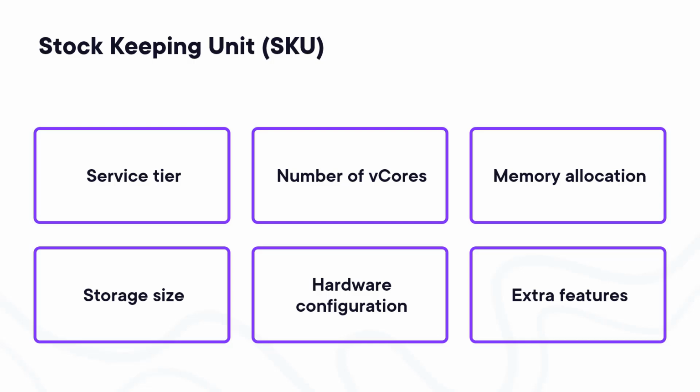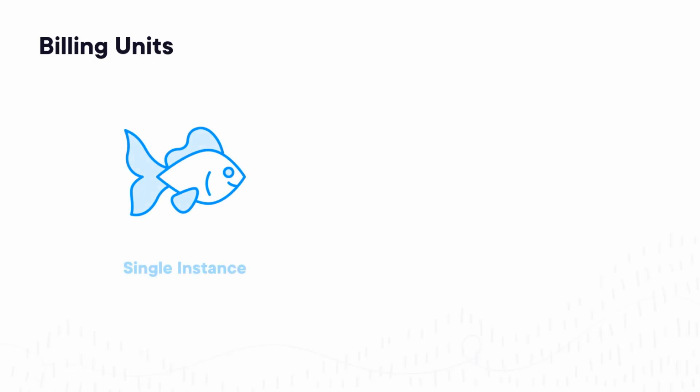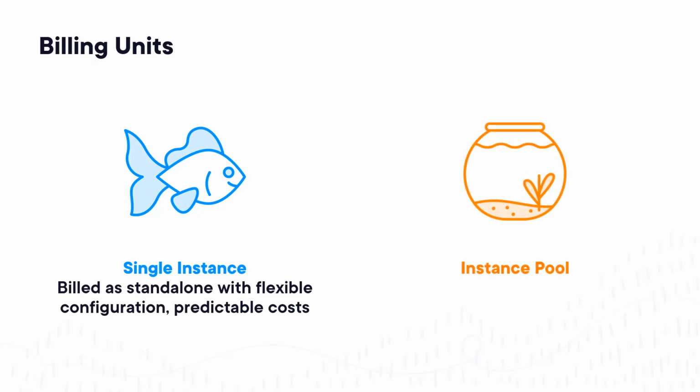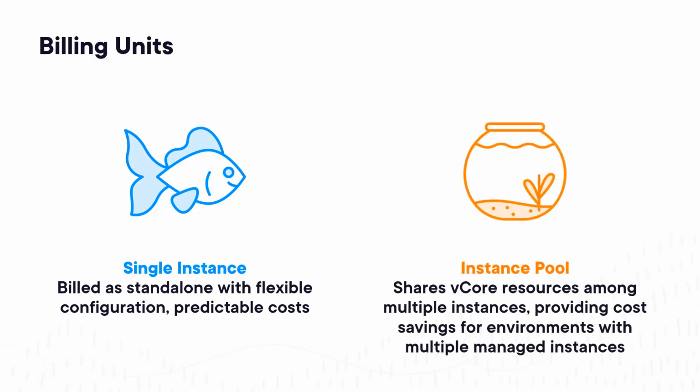Now that we are aware of these terms, let's explore the billing and SKUs available, starting with the billing units, which can be either single instance that corresponds to a single SQL server, or instance pool, which consists of a pool of instances or servers that share resources together.